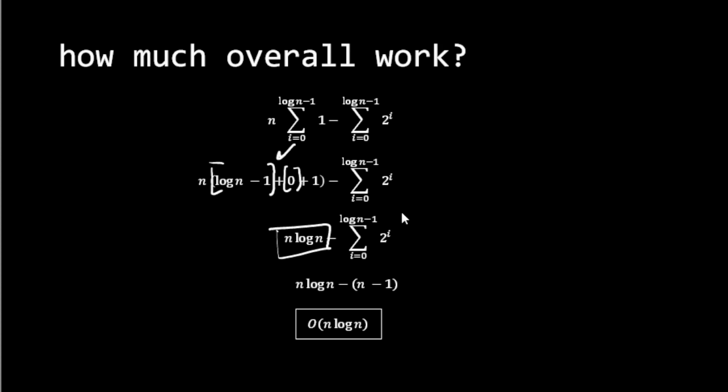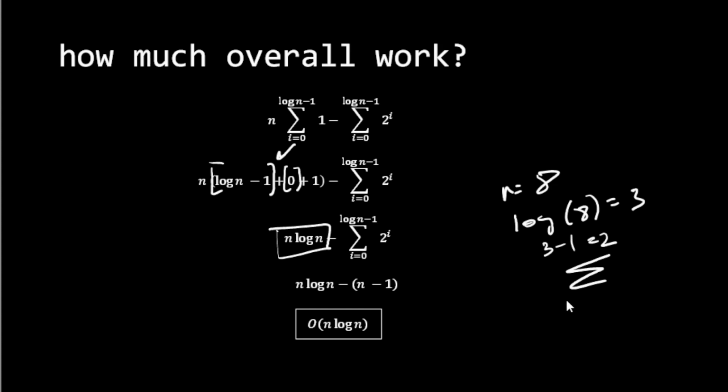I guess the simplest way to see this simplification is binary numbers. Let's say n equals 8, then log of 8 is 3. So that would be 3 minus 1 for the top, which is 2.